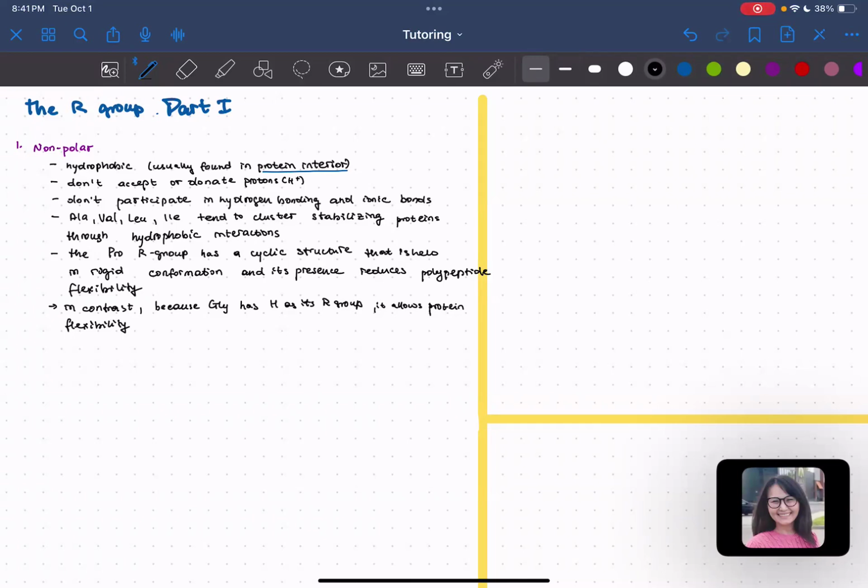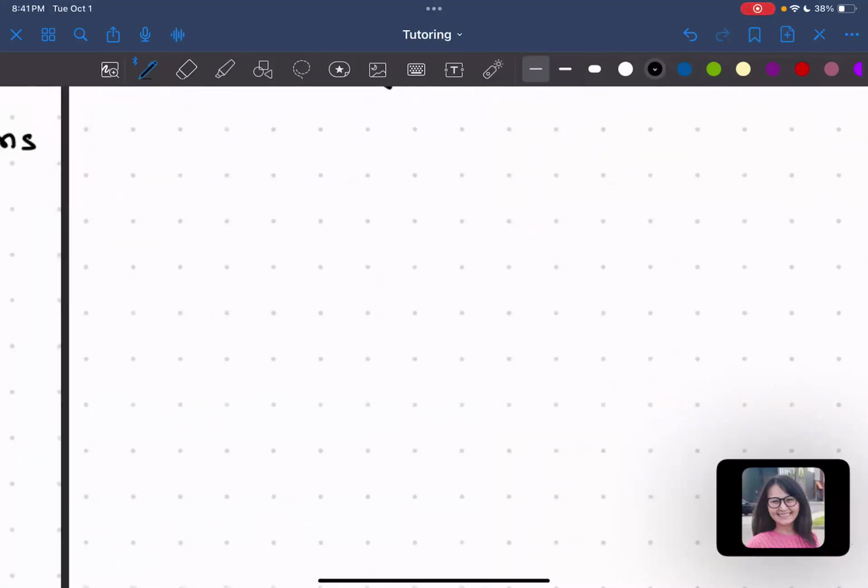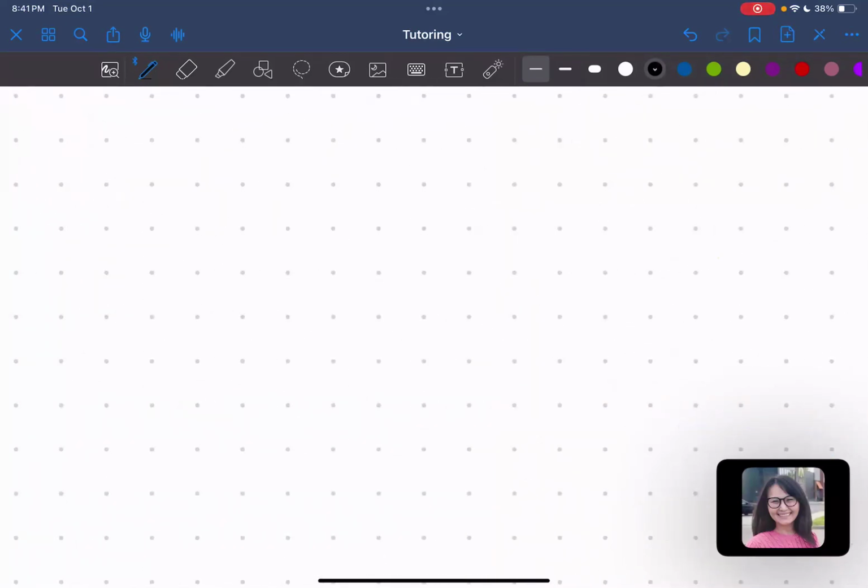So let's start with nonpolar side chains. Let's start with glycine.